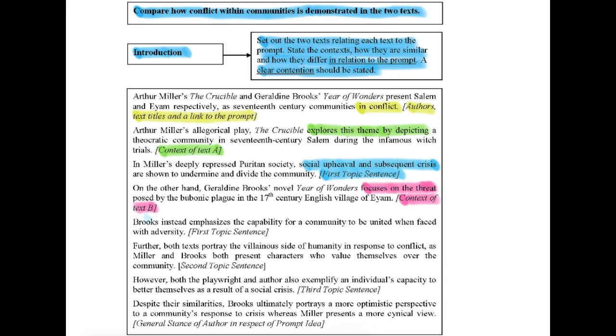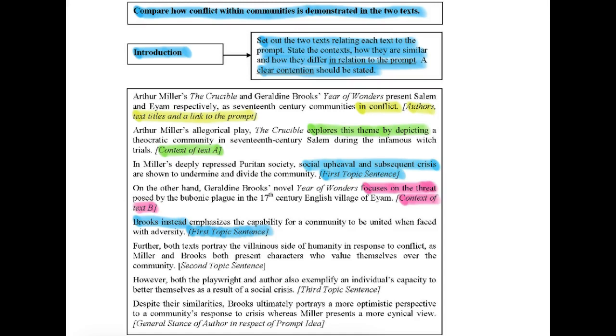Then we go, Brooks instead emphasizes the capability for a community to be united when faced with adversity. So that is also related to the first topic sentence that we have established is going to be what we use for the body paragraph: in times of conflict, some communities will come together, some will be divided. And here it's also comparative.